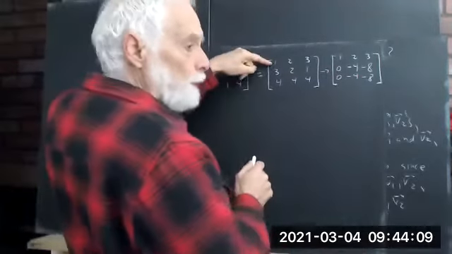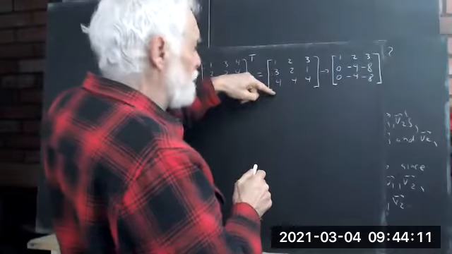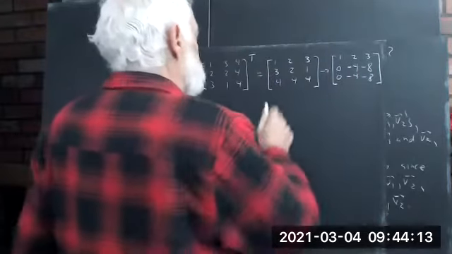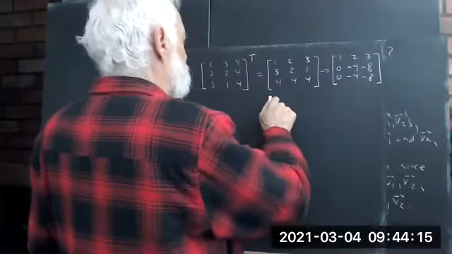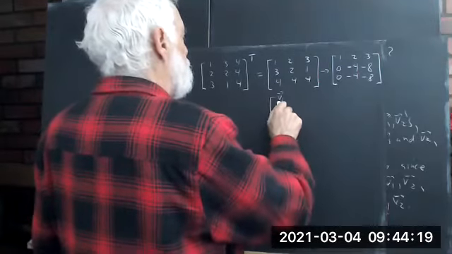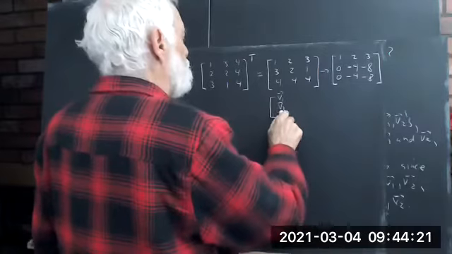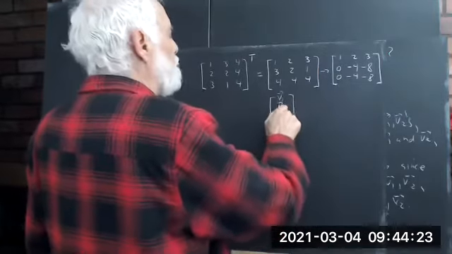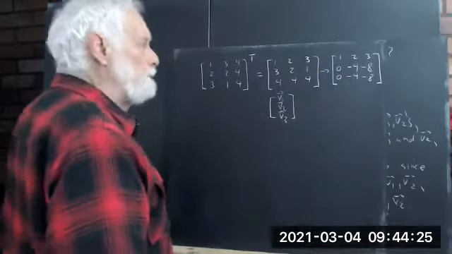This vector is V1, this vector is V2, this vector is V3. So what we've done here is we've taken the matrix that we can write as V1, V2, V3.